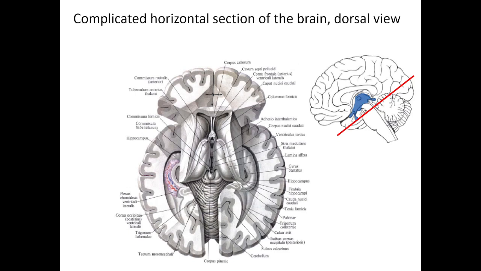Second section is made more superiorly through the corpus callosum. Here it is, and here it is. Due to this section, we can see cavity of third ventricle. Here it is.